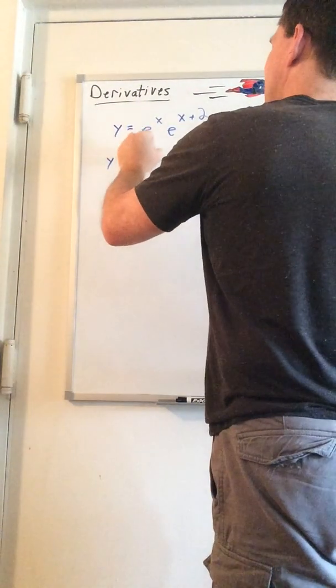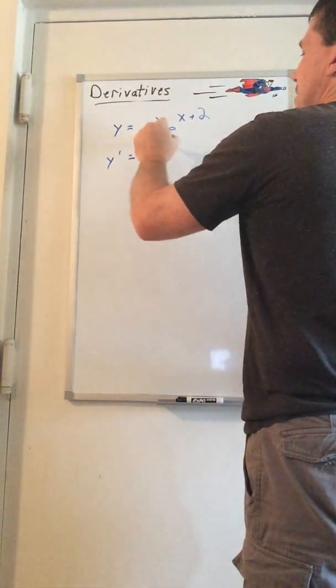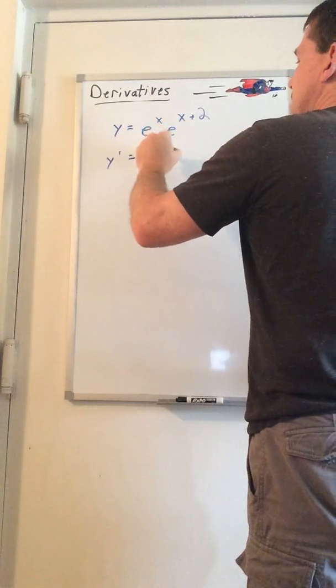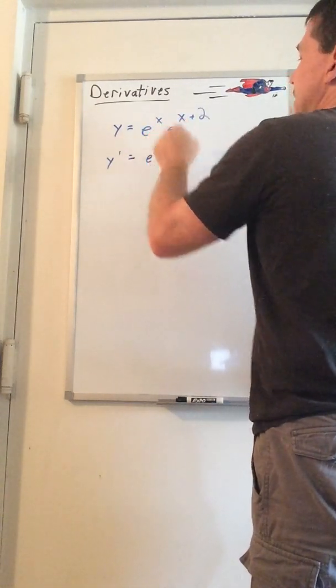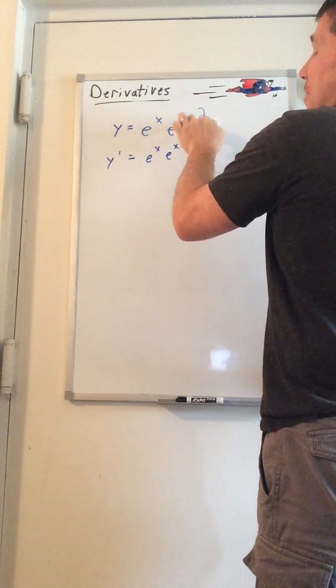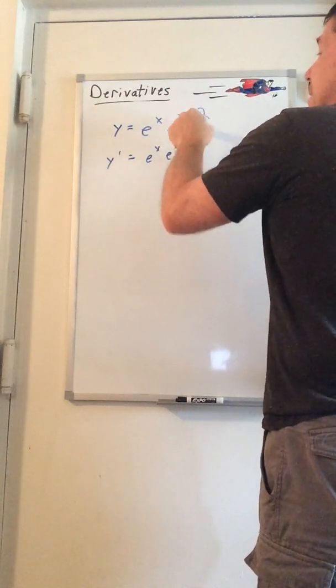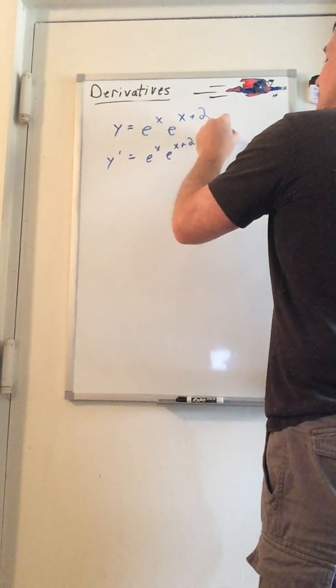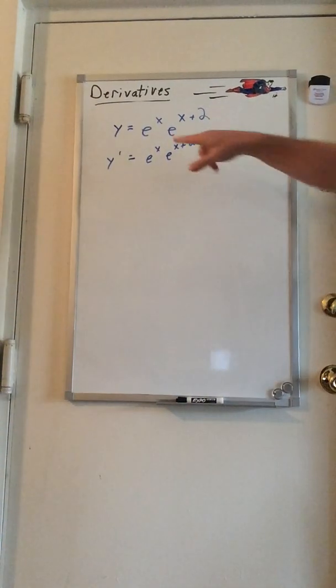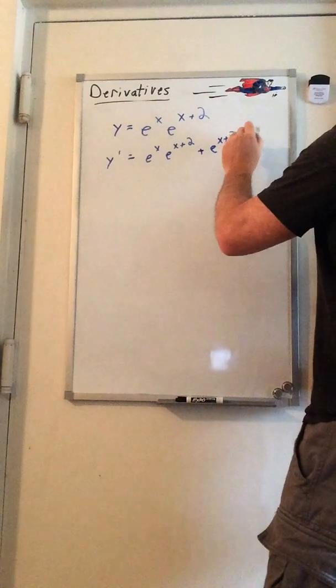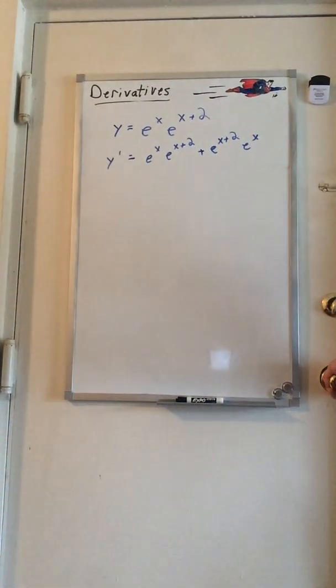It's the first, e to the x, times the derivative of the second. The derivative of e to the x plus 2, rewrite the exponential, then take the derivative of the power, chain rule. The derivative of that's just 1, so it doesn't matter. Plus the second, e to the x plus 2, times the derivative of the first. The derivative of e to the x is e to the x.